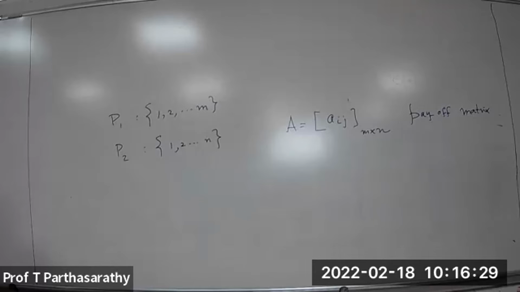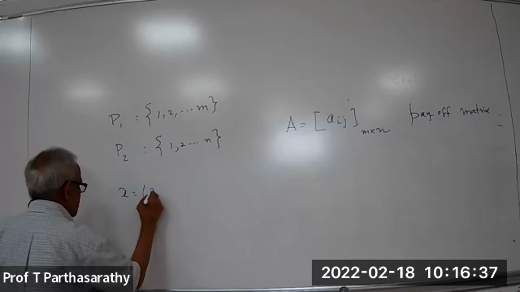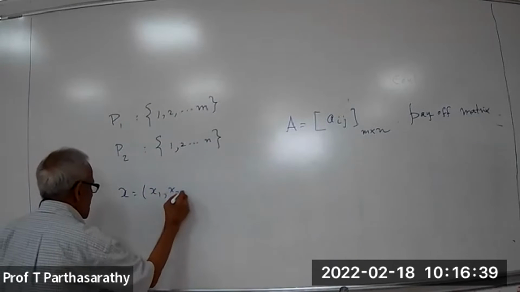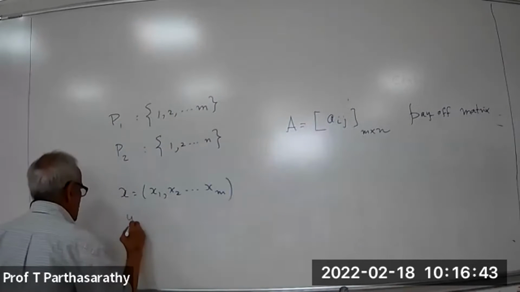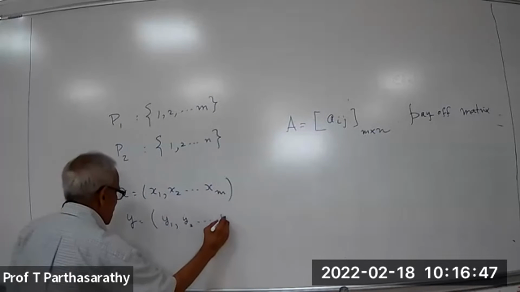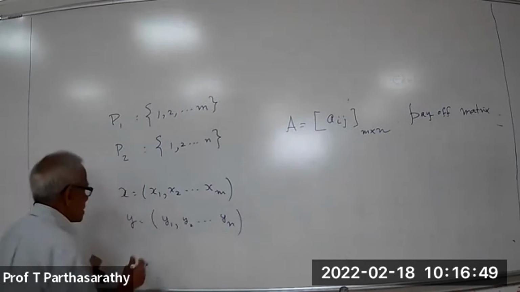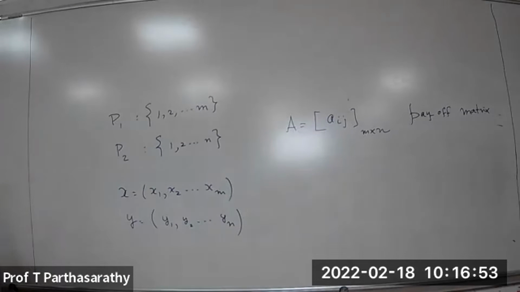Each coordinate is non-negative, and they add up to 1. So let me use the notation: x is a probability vector which has m coordinates, and y is y1, y2, ..., yn. Here each xi is non-negative and they add up to 1. Such a vector is called a probability vector.